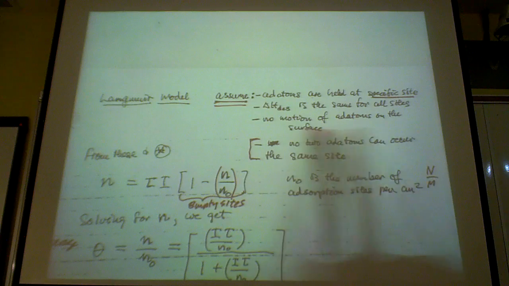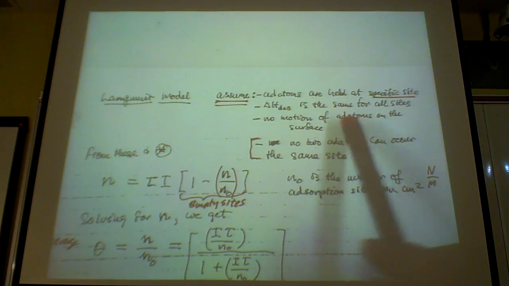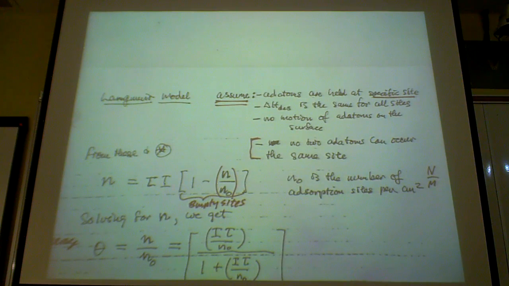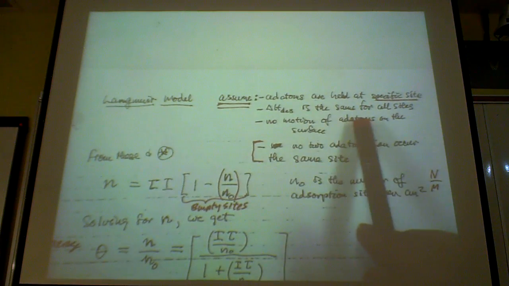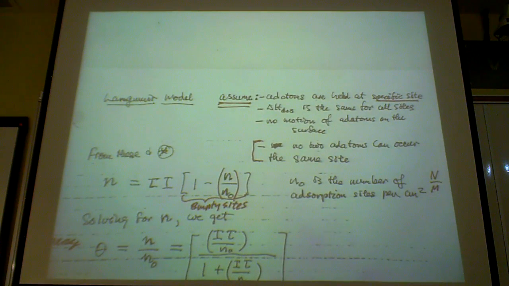And he said, which is very fundamental, that once the molecule adsorbs, the particle adsorbs, it cannot move anymore. There's no surface diffusion process, no motion of an atom on your surface. Once it's stuck, that's it. It's trapped in that site. It cannot jump from one site to another.